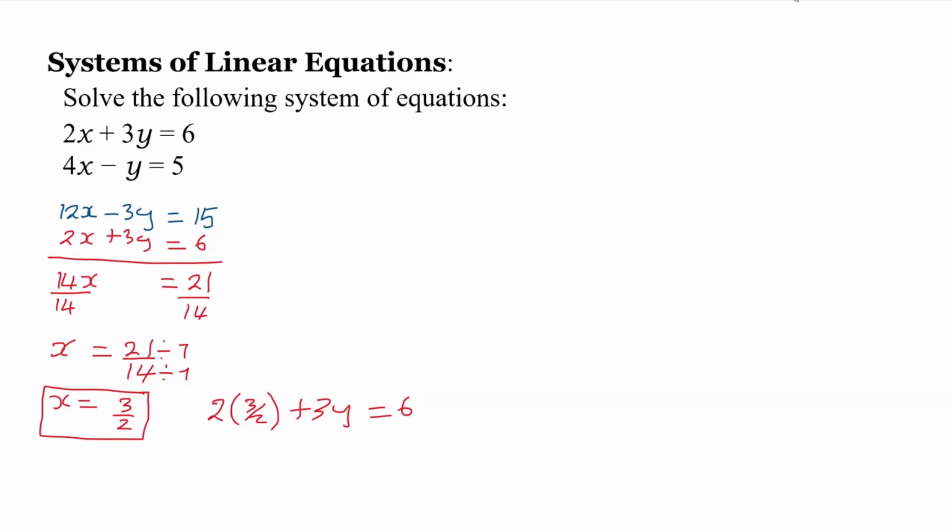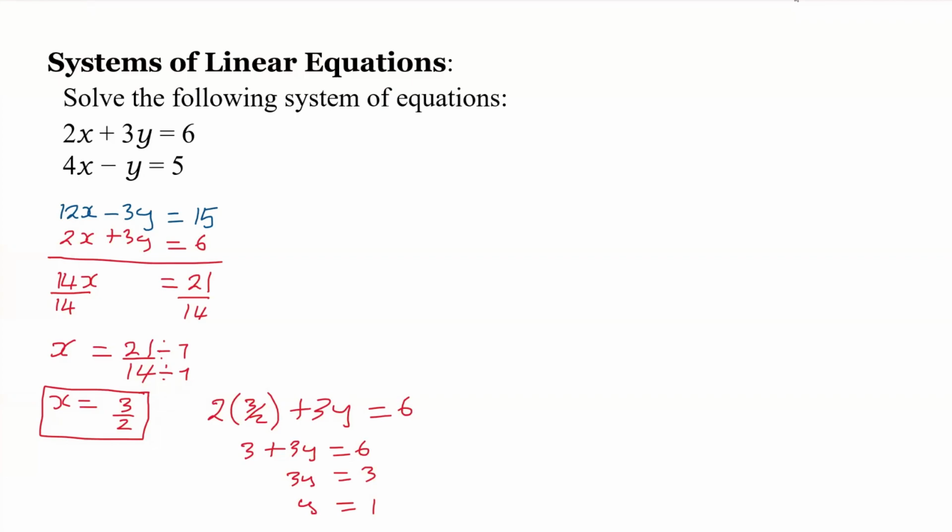And then, reduce. So you end up with just 3 plus 3y equals 6. And then you subtract 3, you get 3y equals 3. And then you divide, so you get y equals 1. Right? So you can do it that way.